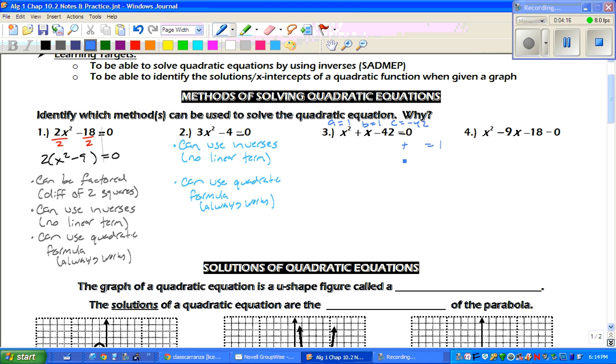What numbers add up to get to 1 but multiply to get to negative 42? That's where you would go 1 and 42, 2 and 21, 3 and 14, 4, no, 5, no, 6 and 7. Well, then it's like, oh, it's 6 and 7. And that's got to be negative.